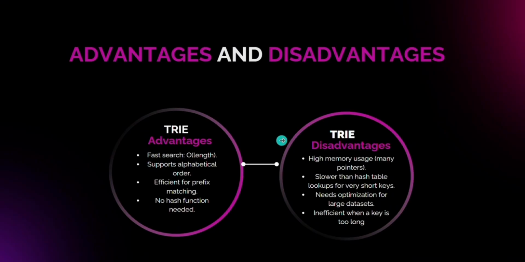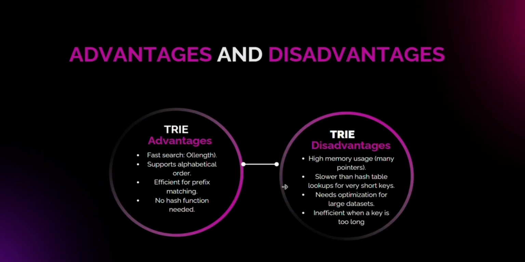Disadvantages. First, high memory usage, because each trie node contains pointers for every possible character. So for the alphabet, it contains 26 pointers for lowercase letters, even if the pointer is null. Second, it's slower than hash table lookups for very short keys.